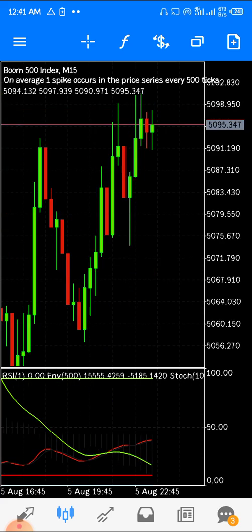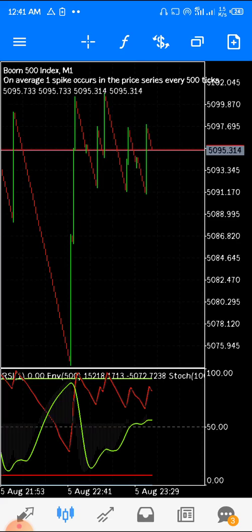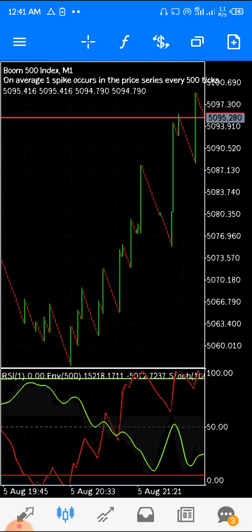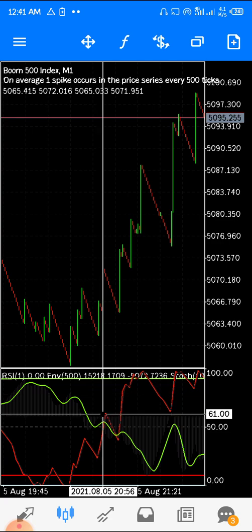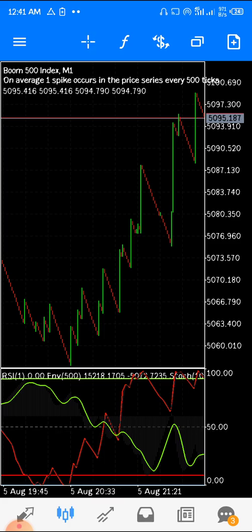Once you've confirmed that price is at a support, and on the 1 minute it is now showing you a crossover, that is, a spike has occurred and it has pushed the indicators to cross over, then you can be looking out for a buy move.